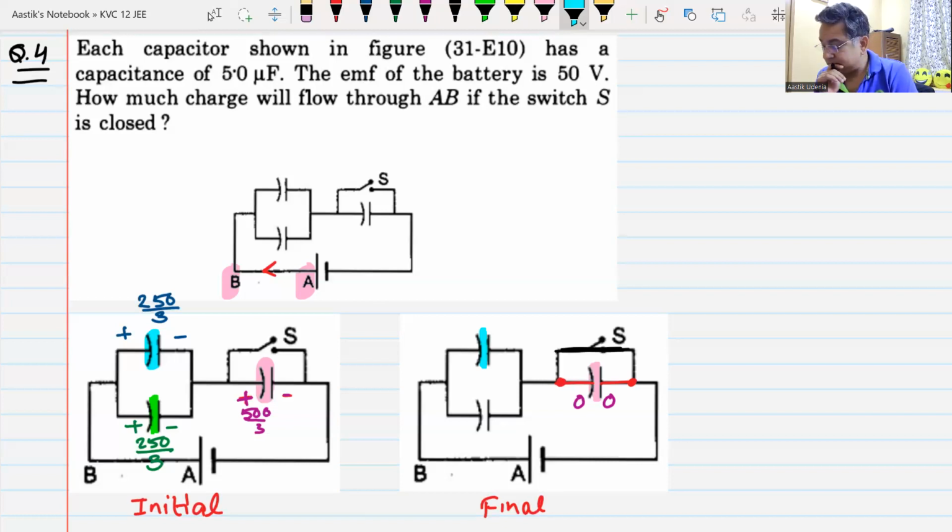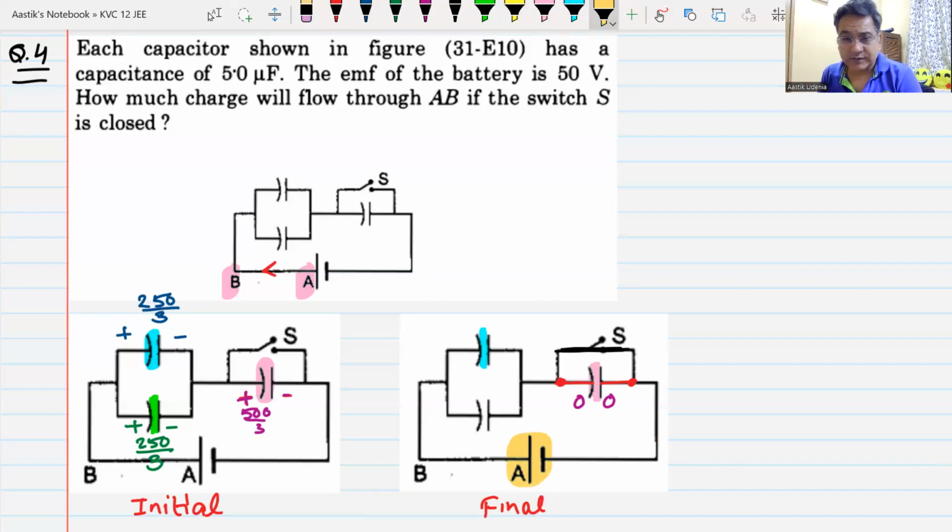125/2. How did you get 125/2? This is a battery of 50 volts. This 50 volts is applied across this 5 microfarad capacitor.